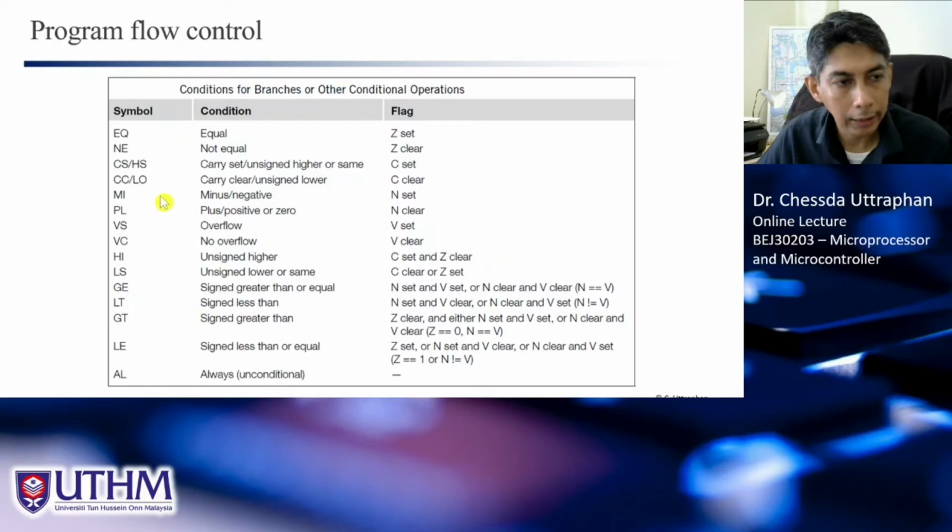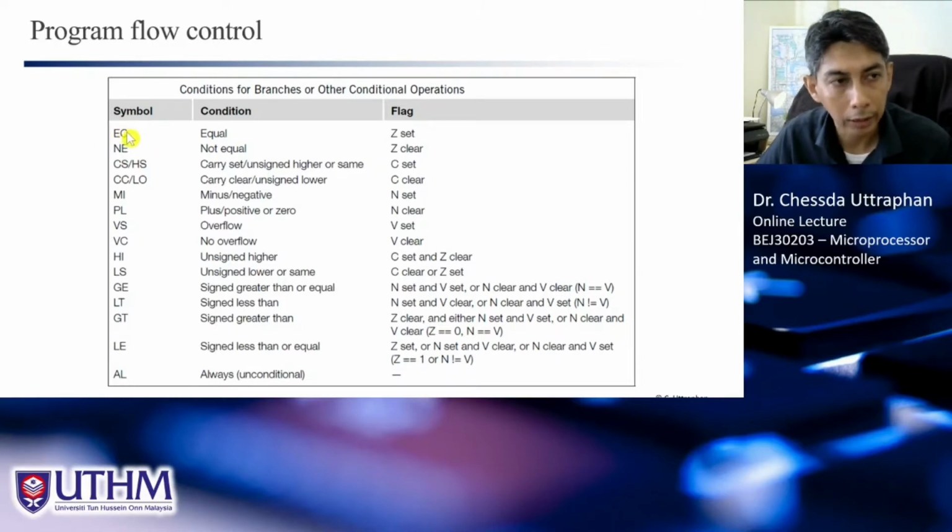These are the branch instructions that we can use in our program. For example, EQ: our instruction will have B in front for branch, so the full instruction is BEQ. What is BEQ? BEQ means that we branch if the condition is equal, meaning that we need to compare first to check whether it is equal or not.